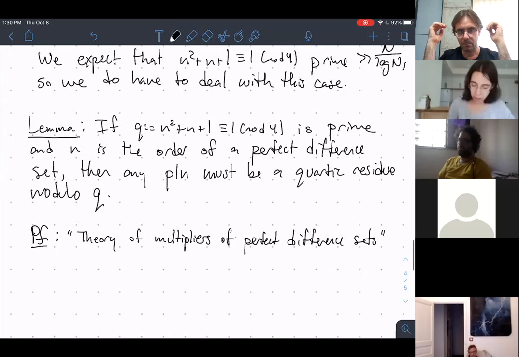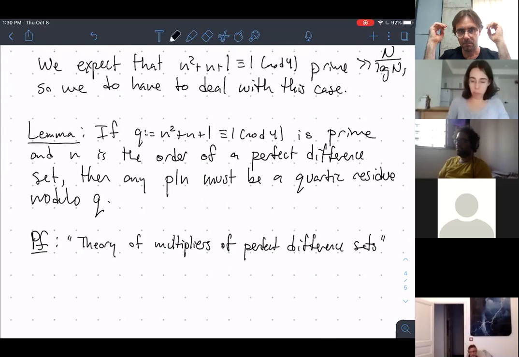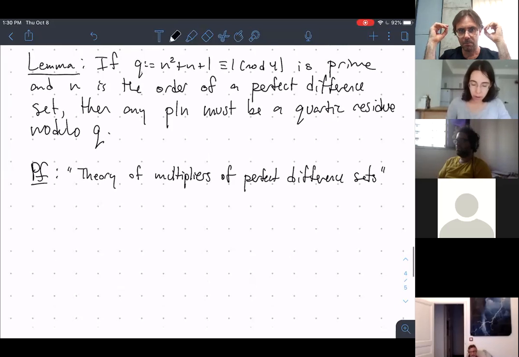I won't say more about it because I want to talk about the number theory. So now, with Mann's theorem and this lemma in hand, it should not be surprising that the number of non-prime power orders of perfect difference sets is really small.